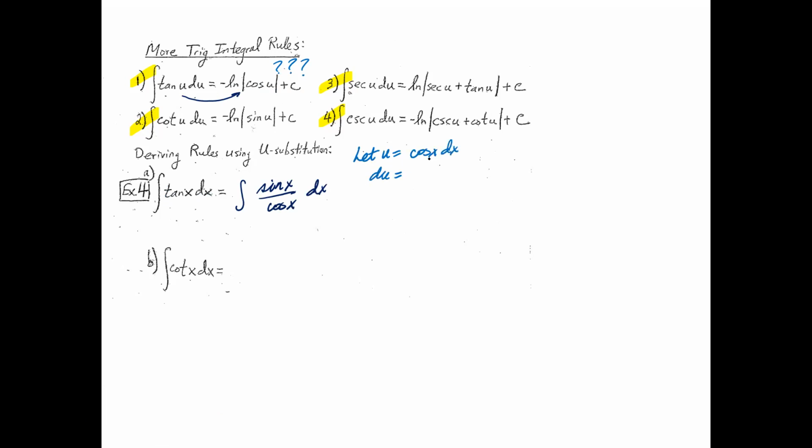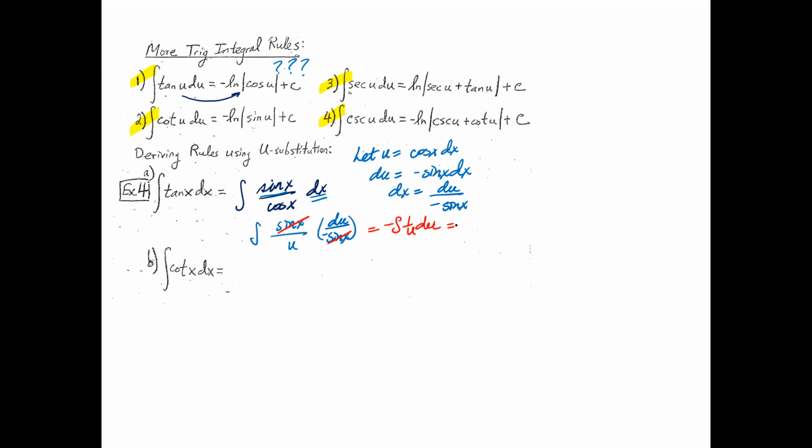Derivative of cosine is negative sine x dx. So then dx equals du over negative sine x, which is perfect because I know I can cancel that. So if I rewrite this, I have sine x over u. Replace your dx, which is du over negative sine x. Cross that part out, integral of 1 over u, negative du.